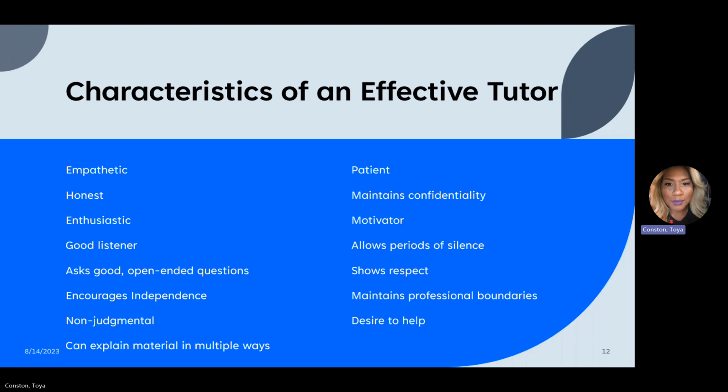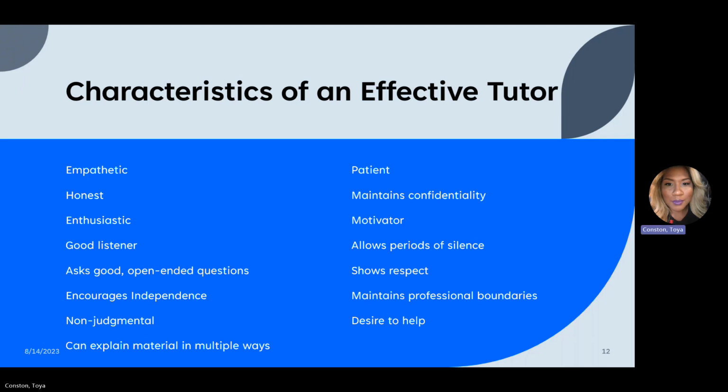These characteristics include empathy, being able to put yourself in someone else's shoes, understanding a different perspective. You also have to be honest. Again, this goes back to having open, honest communication. Telling your student you don't know something and then following up with the answer.